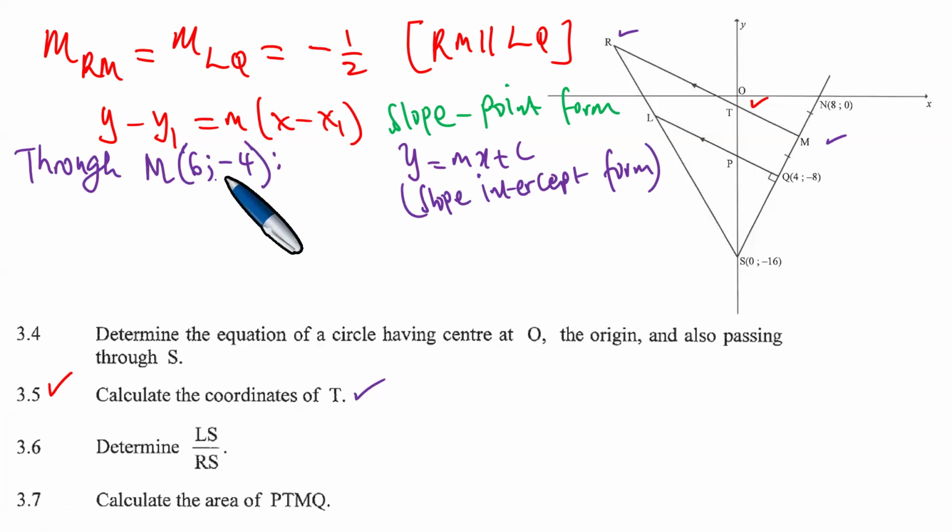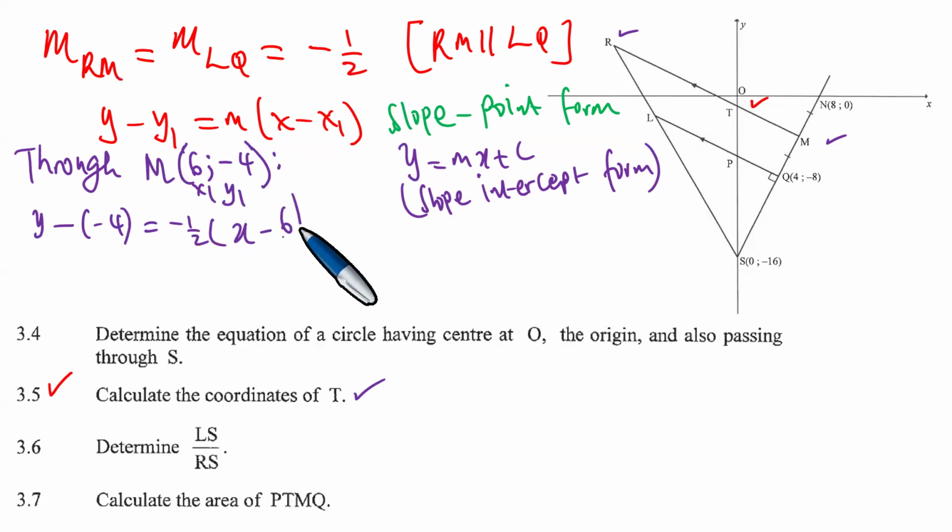then you have x1, y1, which is y minus y1, that is y minus minus 4, which equals the slope of the line RM, and the gradient of the line RM is minus 1/2, times x minus x1. x1 is exactly 6 here.